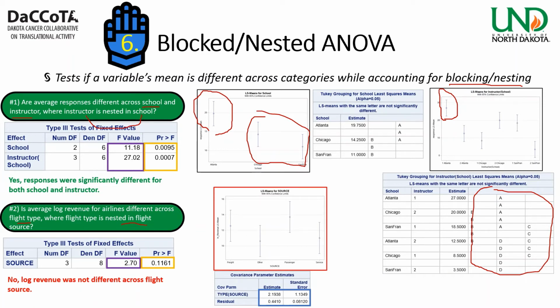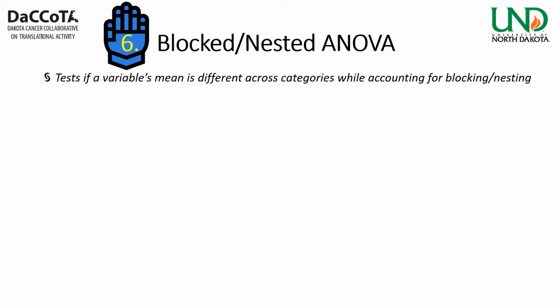We see that these are pretty spread out across source. And then we actually had this as what we call a random effect, type nested in source. One of the reasons to show this is the covariance for our type that we included in here is large compared to the residual, showing that it made sense to include it in the model, even though it wasn't ultimately significant. Okay, let's keep moving on.